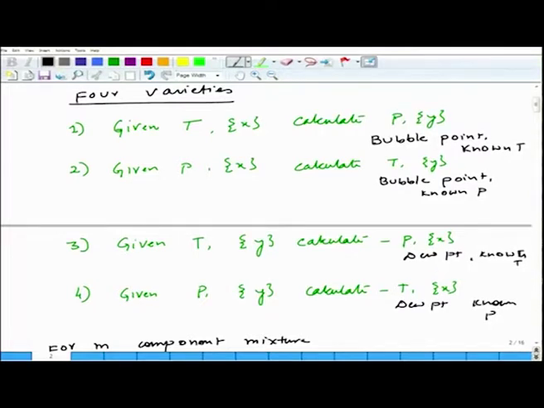Unknowns are pressure and the composition, right. So, in general you have to evaluate m plus 1 parameters. Some may be dependent, because y's are m and P is 1. So, m plus 1 parameters need to be evaluated.